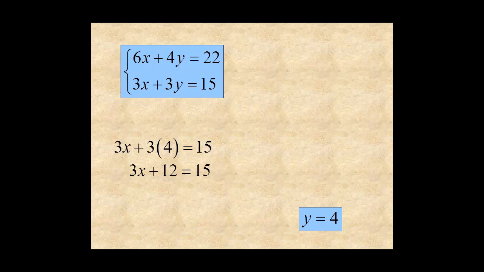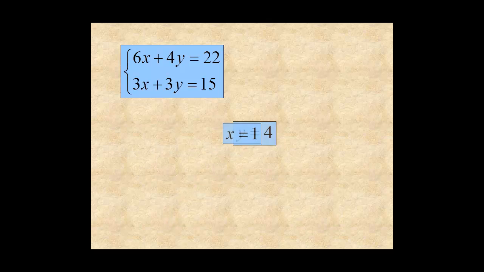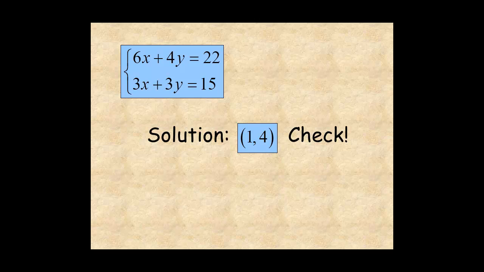Subtract 12 from both sides for 3x equals 3. Then divide by 3 for x equal 1. So the solution to the linear system is 1, 4. Remember to always check the solution in both of the original equations.